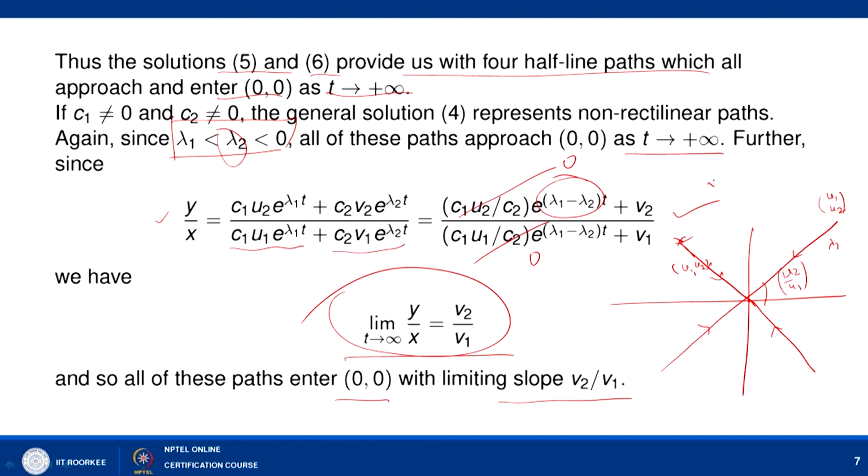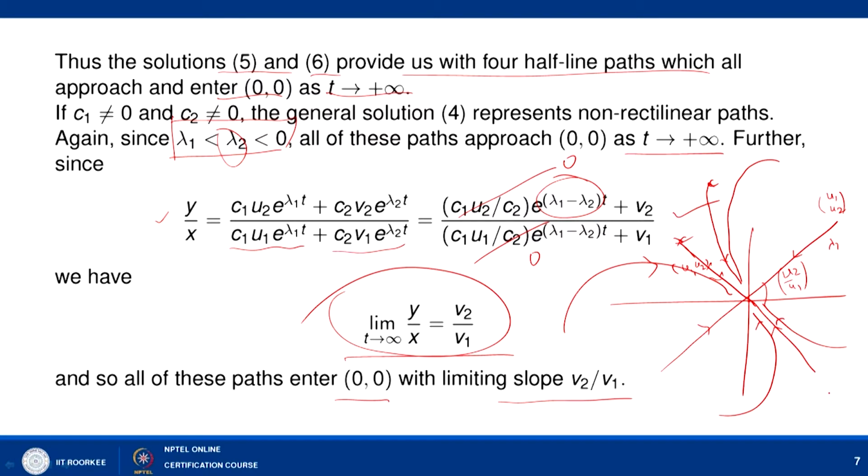So, if we consider a solution starting from here, then as t tends to infinity it will come towards (0, 0) along the line having slope v2 by v1. Similarly, if we have any path here, it will tend to (0, 0) along these half lines.